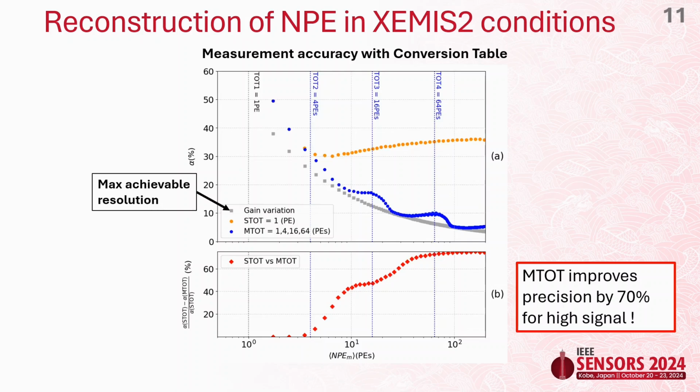And the resolution obtained with the multi-time over threshold method is compared to that of the current electronics based on the single time over threshold method. And the multi-time over threshold shows a significant improvement in precision, up by 70% for high signals.